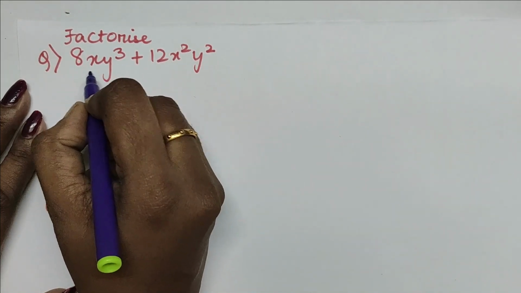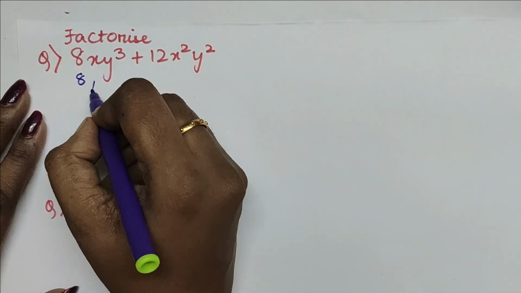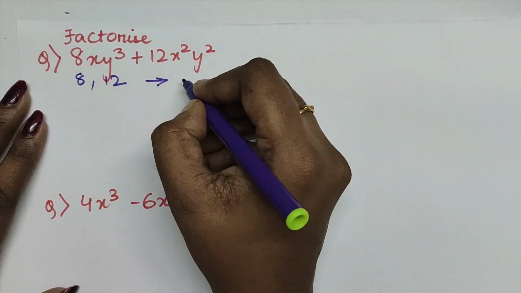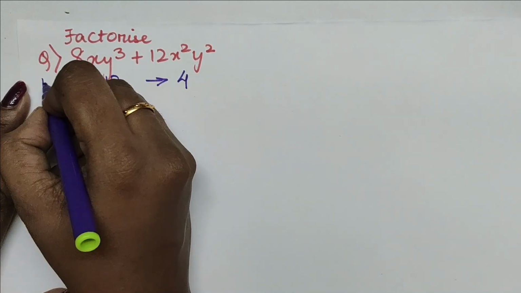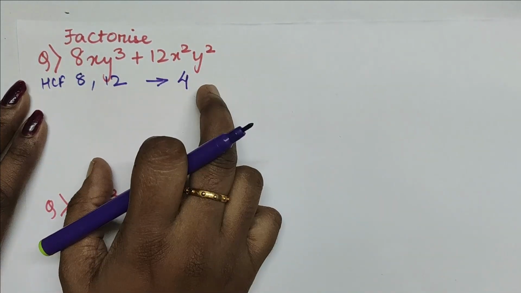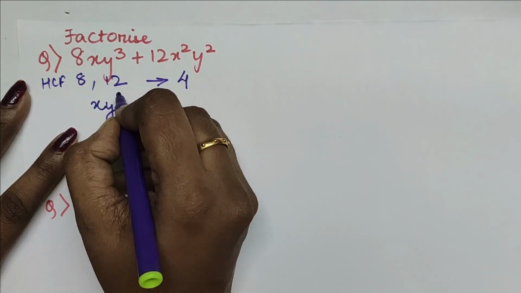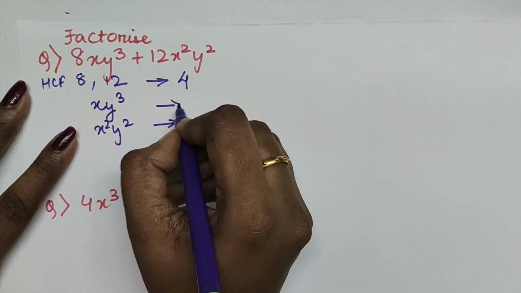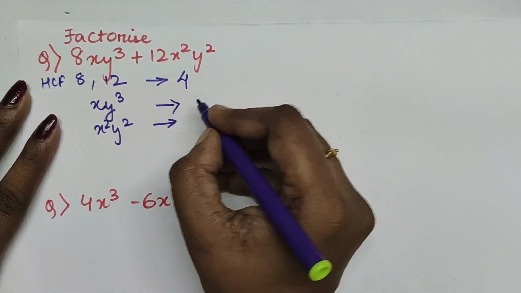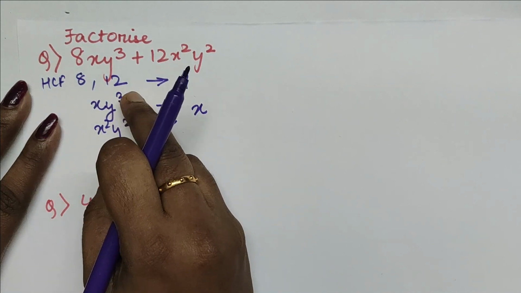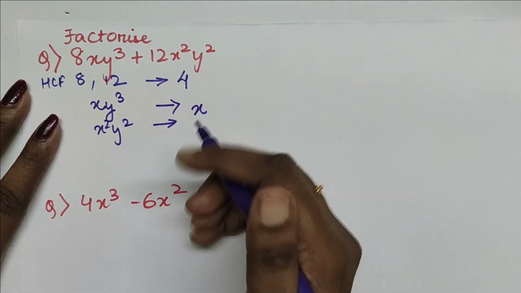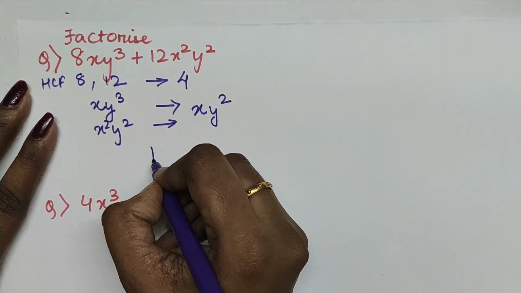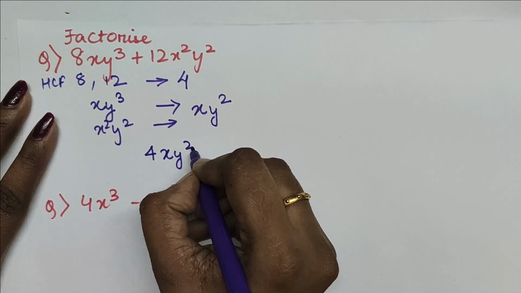For 8 and 12, let us see what our highest common factor will be. The HCF of 8 and 12 will be 4. Now out of the terms xy cube and x square y square, we have to take the least. So out of x and x square we will take only x, and out of y cube and y to the power 2, we will take y to the power 2. So we have got the common term, that will be 4xy square.